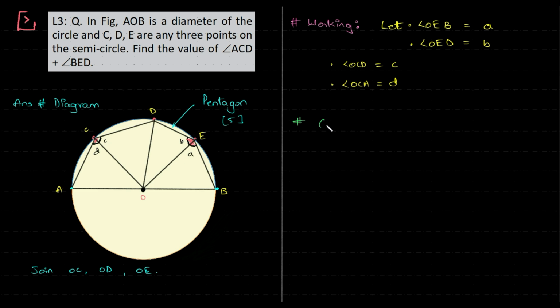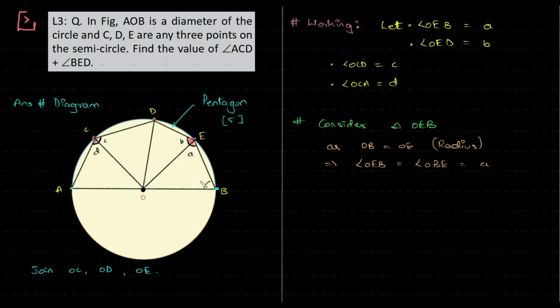So I'll consider triangle OEB. As OB is equal to OE, the radius, this implies angle OEB is equal to angle OBE. They will both be equal to A. Why is it so?